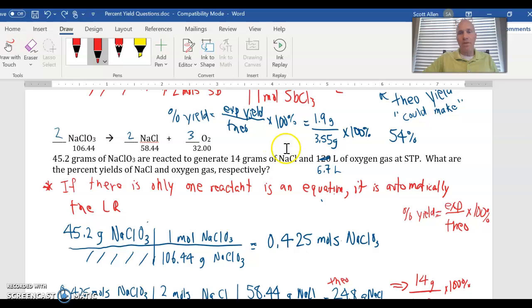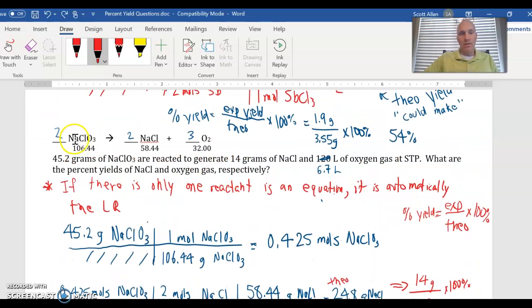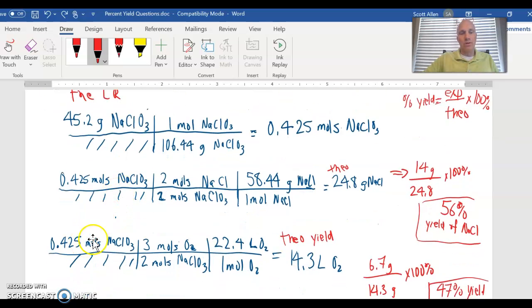What's different about this problem is it asks us to figure out the percent yields of 2 different products. So we should be able to calculate a maximum amount of this that we could make, and a maximum amount of this that we could make. We're going to do that the same way we've done before, where we first figure out the number of moles of our starting material, and then we're going to set up 2 crossbars.